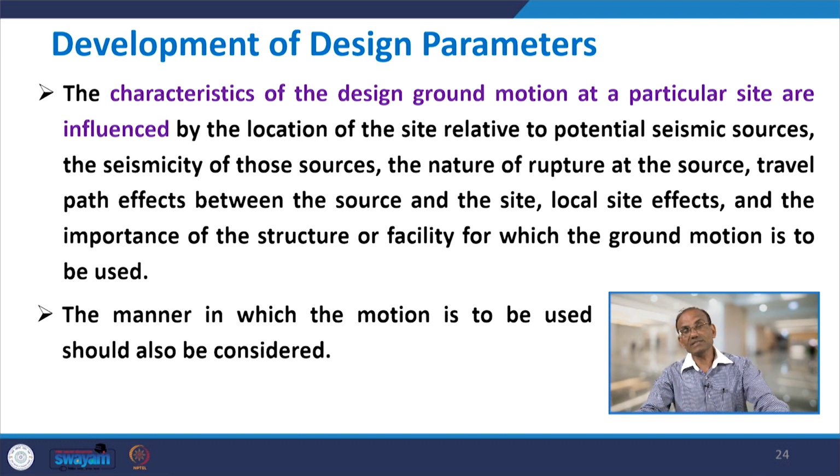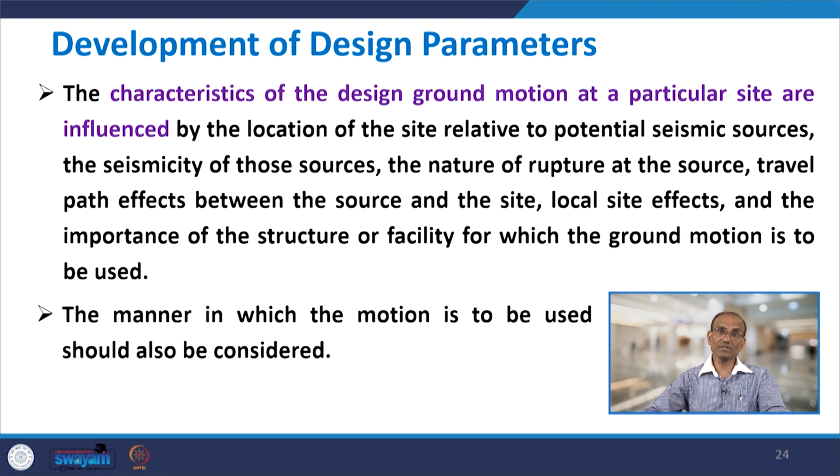At a particular site these characteristics will be influenced by the location of the site relative to potential seismic sources, the seismicity of those sources, the nature of rupture at the source, travel path effects between the source and the site, local site effects, and the importance of the structure or facility for which the ground motion is to be used. So, there are many factors which will influence the characteristics of design ground motion, including the importance of the structure.